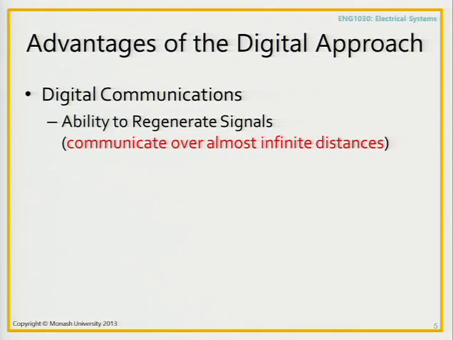So if I amplify a signal 100 times, every step of that amplification gives more noise. That's with any amplifier. If I use analog signals, it's very hard to distinguish the noise from the signal. If I use digital signals, we'll see that it's very easy to get rid of the noise from a digital signal.